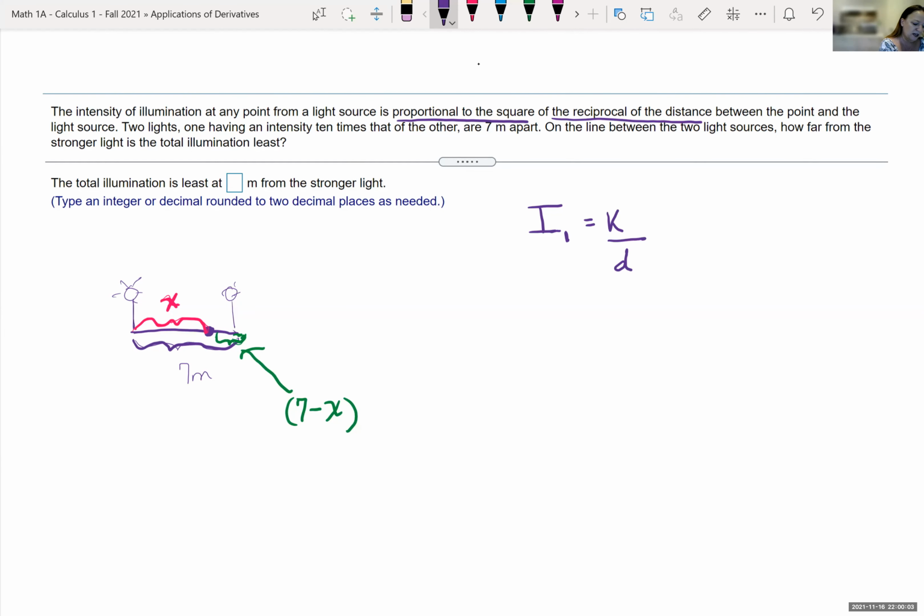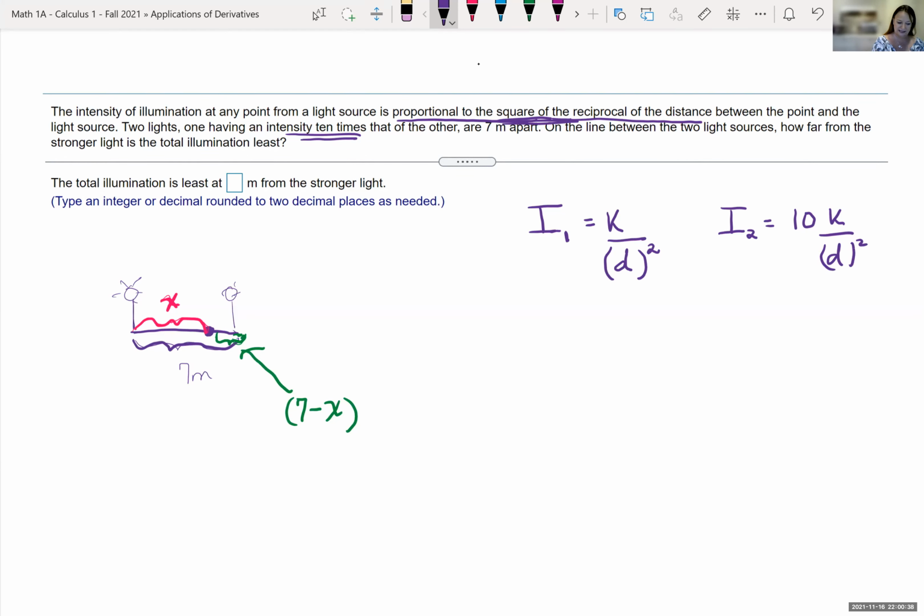I forgot the square, so this should be D squared. Of the two light sources, one has an intensity 10 times that of the other. So I sub 1 is the one with less intensity, and I sub 2 would be 10 times K all over that distance quantity squared.